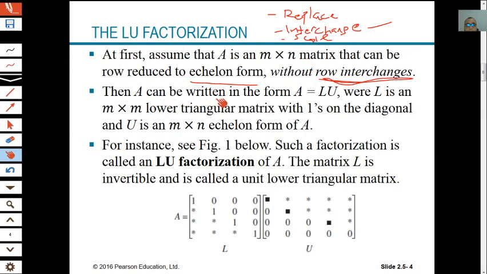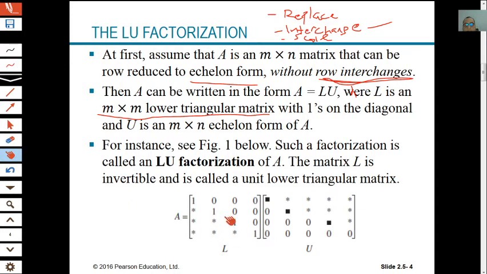Then A can be written in the form A = LU, where L is an m by m lower triangular matrix. This is important. Lower triangular matrix, like this one.